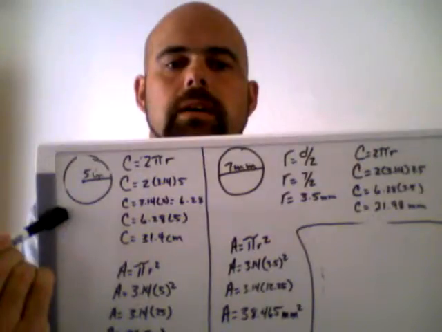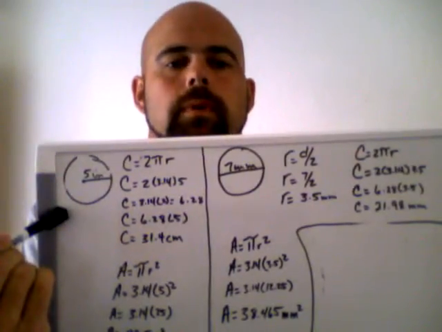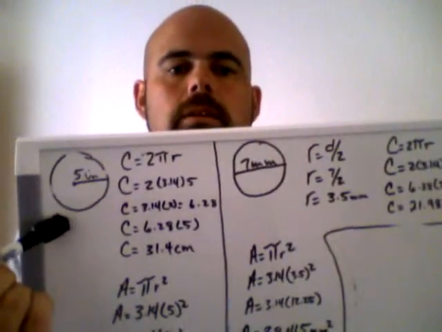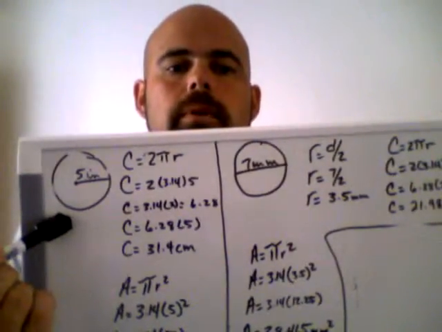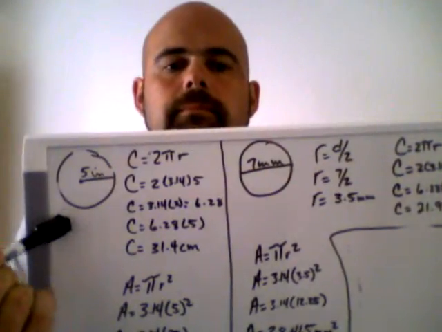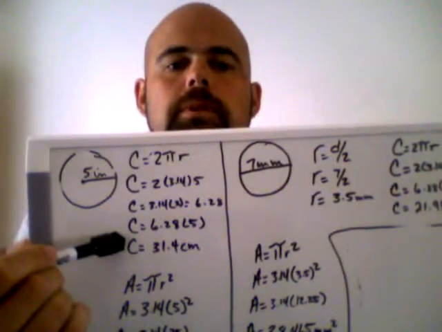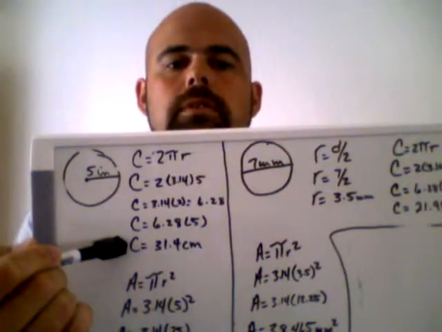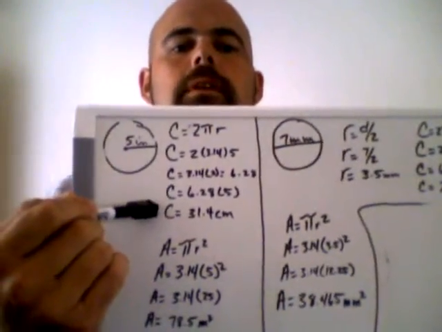So we know that pi equals 3.14, and we were given a radius of 5 centimeters. So we will multiply 3.14 times 2, which comes out to be 6.28. 6.28 times 5, when calculated out, equals 31.4 centimeters.